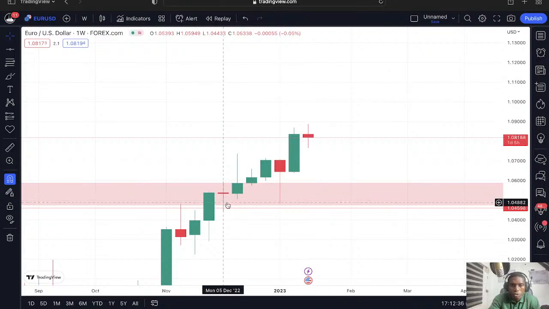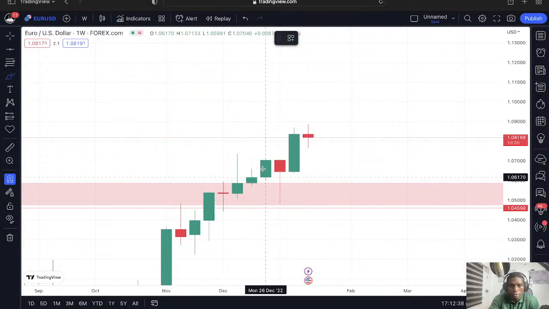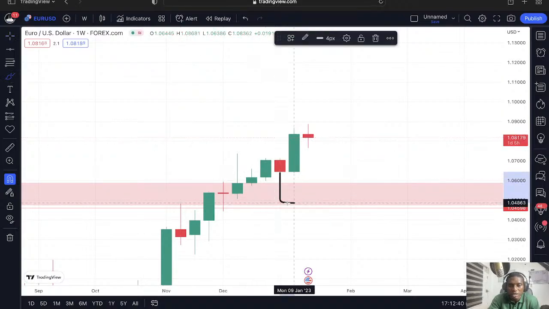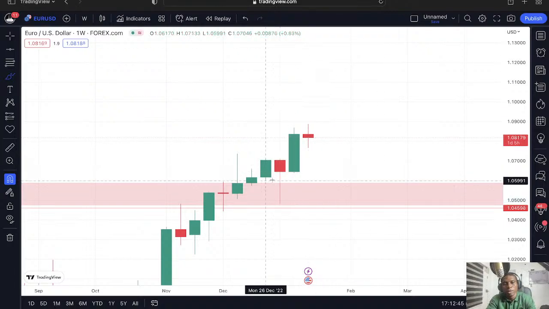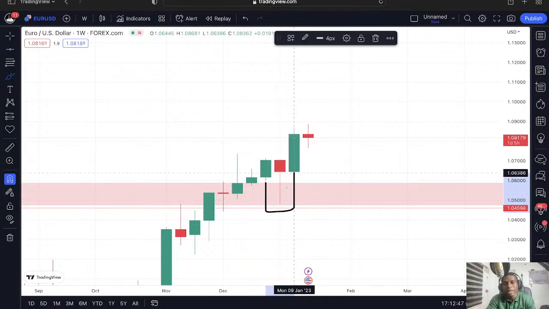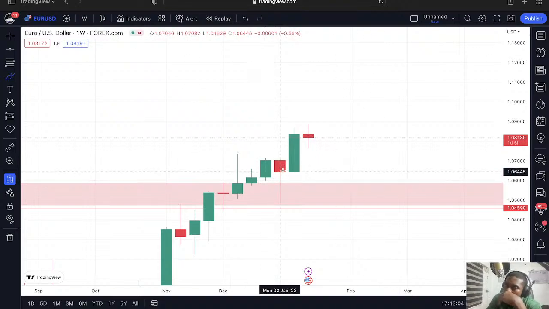So here, we can see, sorry, let me just delete this. We can see here that there is a bullish armor, all right, a bullish armor, with so much wick to the downside.